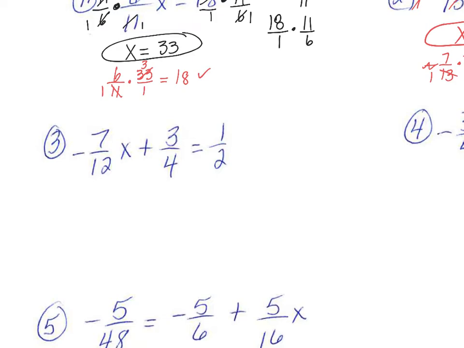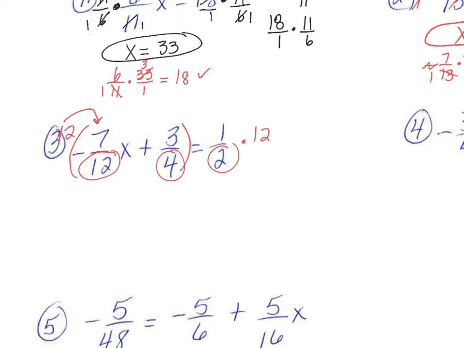What is the least common denominator between 12, 4, and 2? What is the least common denominator, Jack? 12. Watch this. I am going to use my distributive property and multiply by 12 on both sides. Okay? So when I take 12 times -7/12, what happens to my 12s?